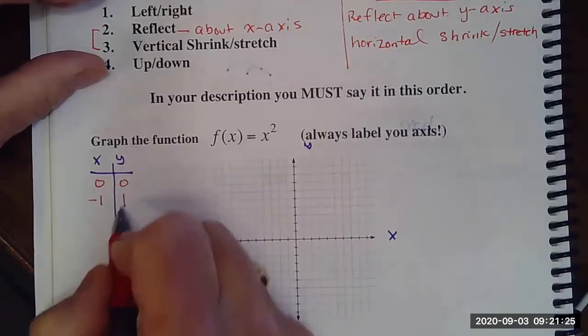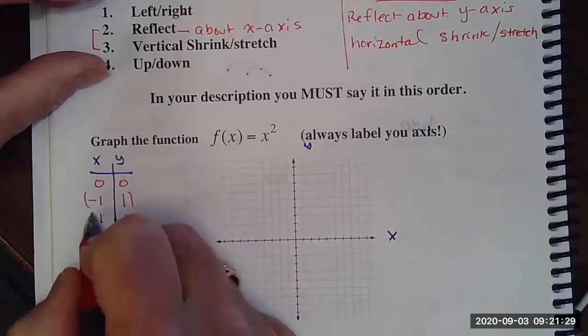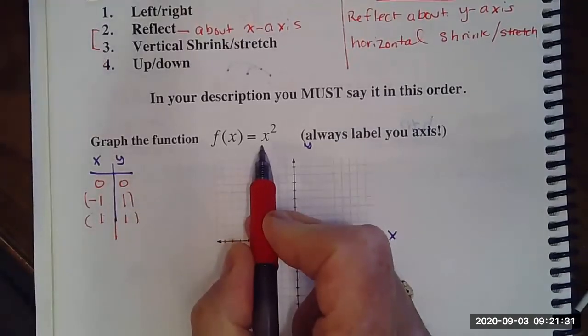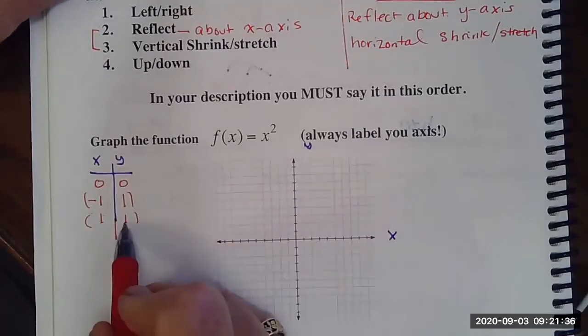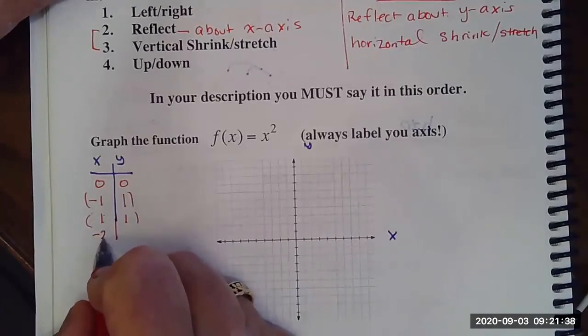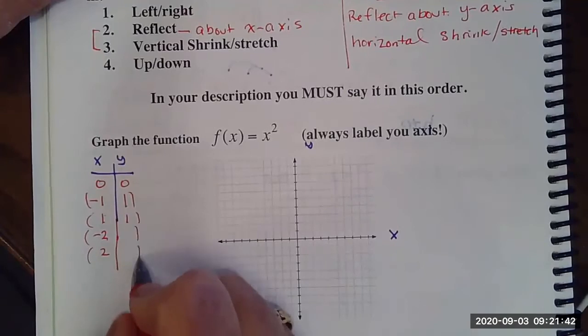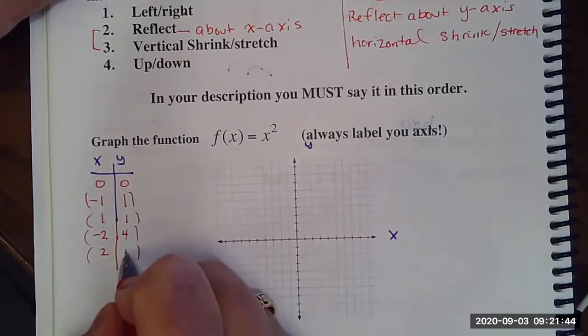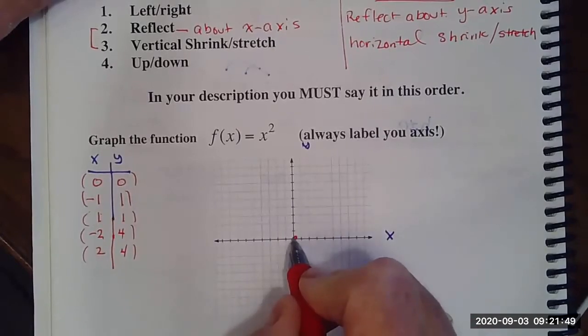That's +1, as well as when X is 1, it's +1. These are ordered pairs. So put in a -1 and square both the negative and the 1. You get a +1. That's what I'm showing right here. And how about -2 and +2? You get the same thing. So 0, 0.